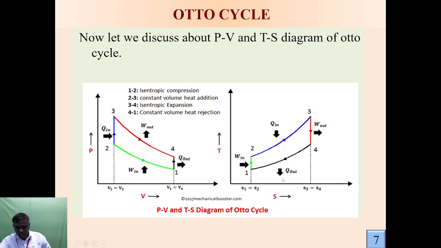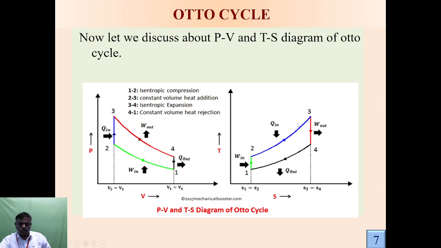In this TS diagram, the temperature is plotted on the y-axis and the entropy is plotted on the x-axis. Here, in process 1 to 2, the compression process, the temperature increases from point 1 to point 2, but the entropy remains constant, S1 equal to S2.